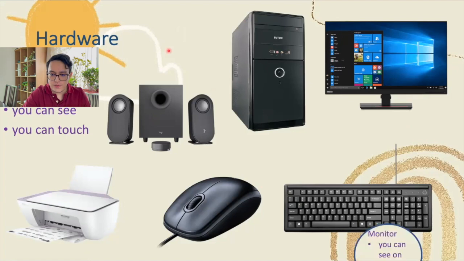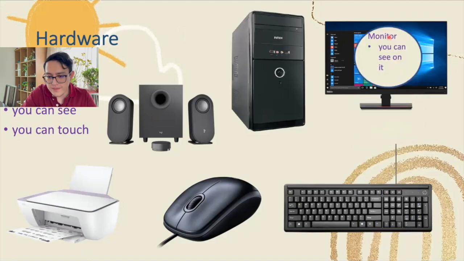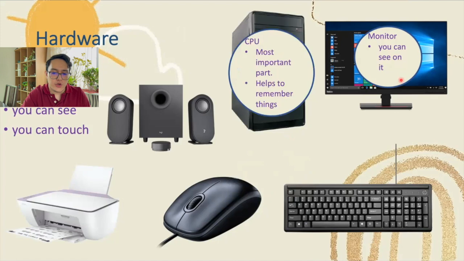Hardware. First of all, this is a monitor. Do you remember? This is a monitor. You can see on it. It's a window to the computer. It helps you to see what you do on the monitor. Next, CPU.